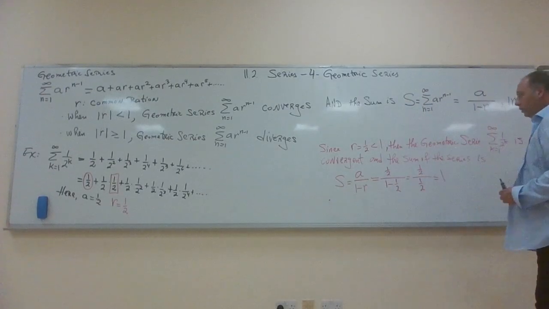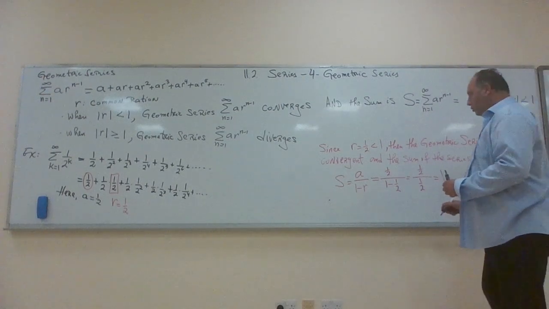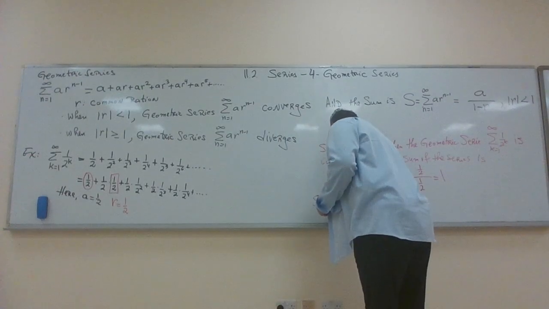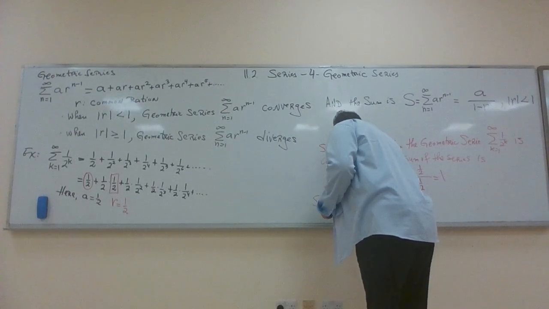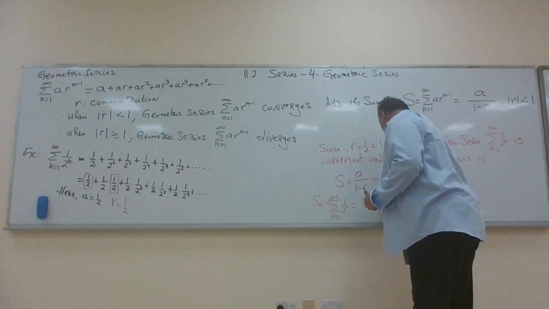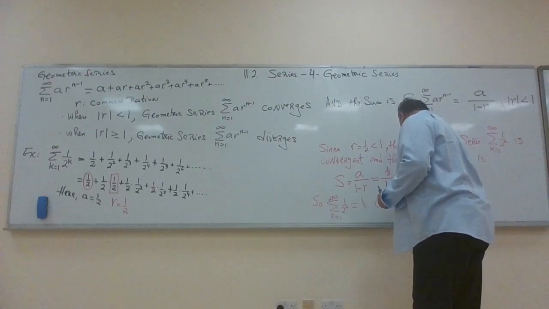So this is 1. So the series 1 over 2 to power k from 1 to infinity is actually equal to 1. It is a convergent series.